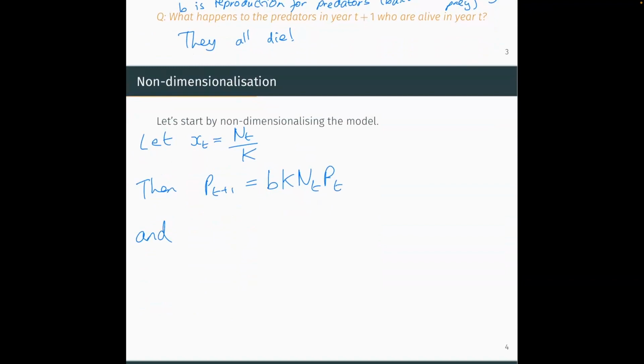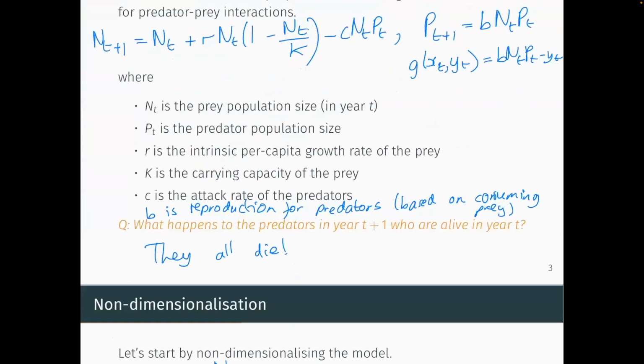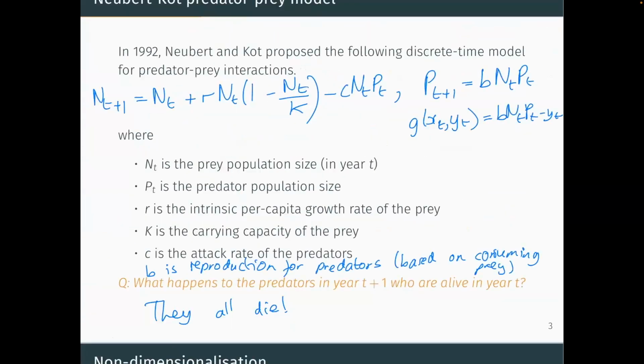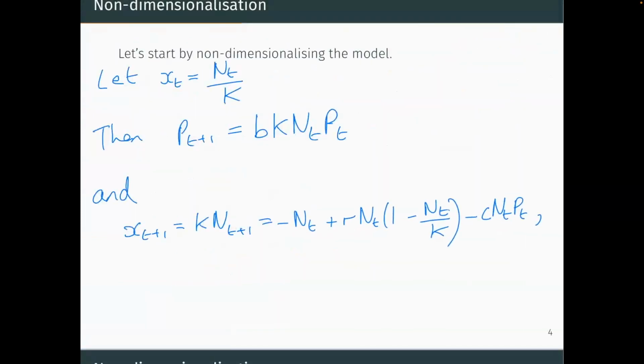And let's think about our equation for n t plus 1. So our x t plus 1 is just going to be k times our n t plus 1 equation. And our n t plus 1 equation is just this above. So let's copy that. So this is our equation here.